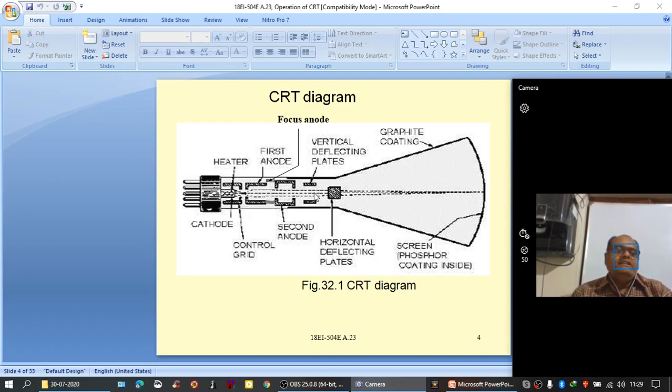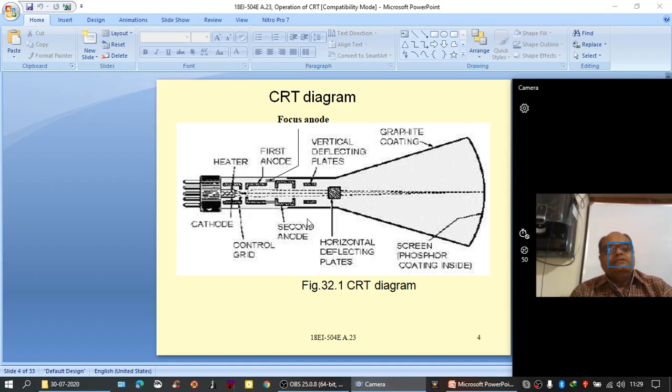Then during the negative half cycle, the upper plate would be negative compared with the lower plate. So during the first part of the negative half cycle, that is when the voltage is increasing in the negative direction, the electron beam starts moving towards the lower plate.